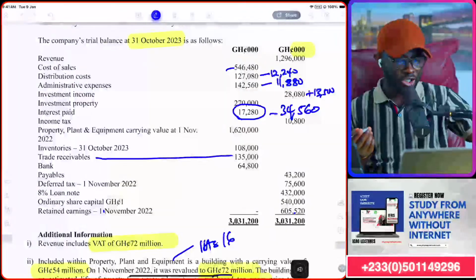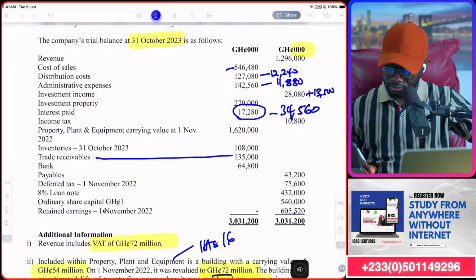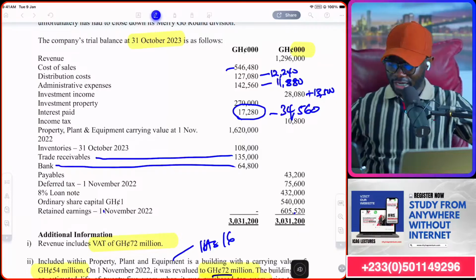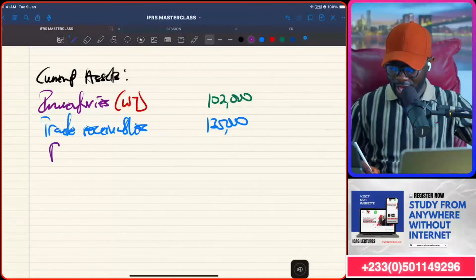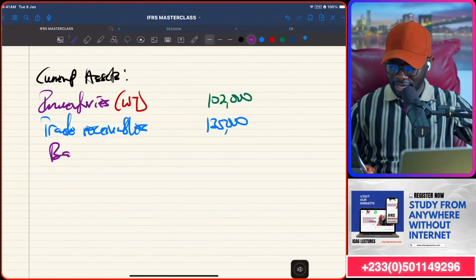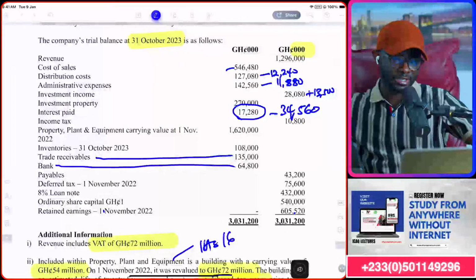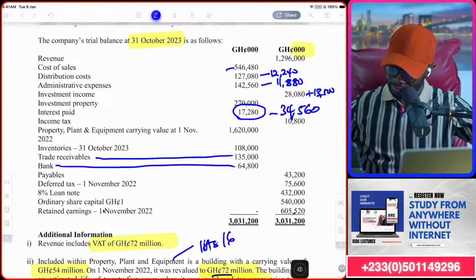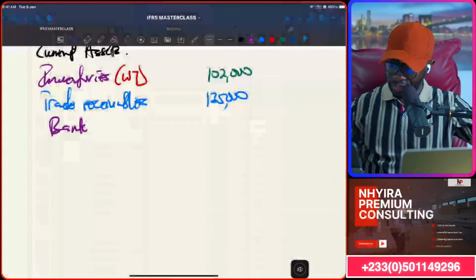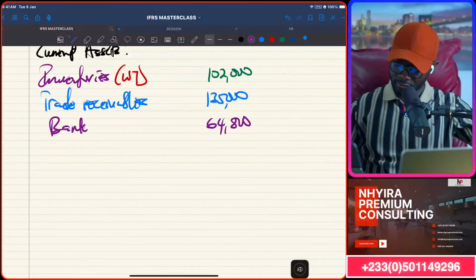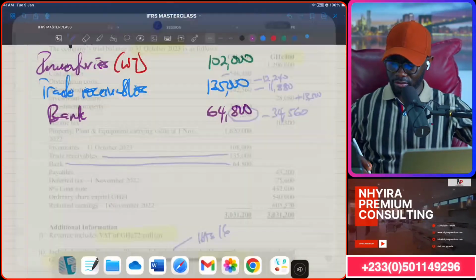How about cash and bank? We see bank on the debit side, that's an asset. If it's on the credit side, it's a bank overdraft, and that will be under current liabilities, right? So that's 64,800. There we go.